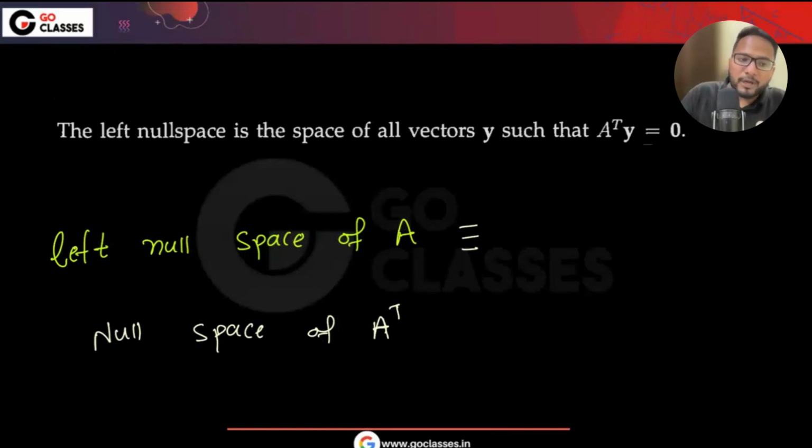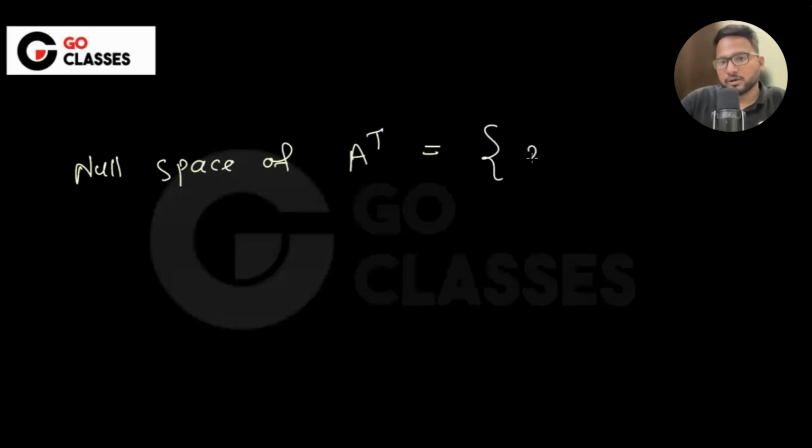So by the way, what is the null space of A transpose? It is nothing but all such vectors y which give A transpose y equal to 0, isn't it? So this is called the null space of A transpose.